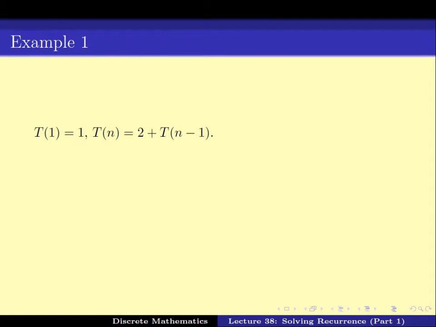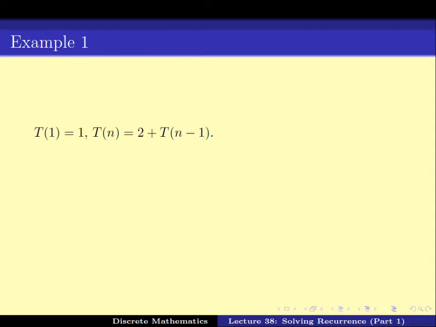Say here we have this example, t1 equals 1, tn equals 2 plus tn minus 1. Now, how do you solve this particular problem? First of all, if somehow magically you can guess the answer, then we are great.